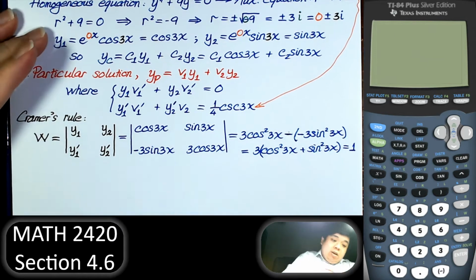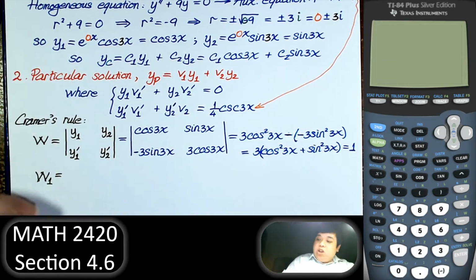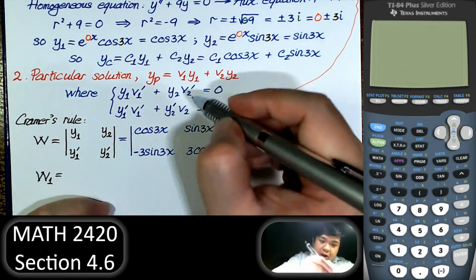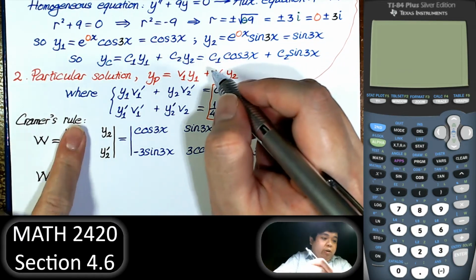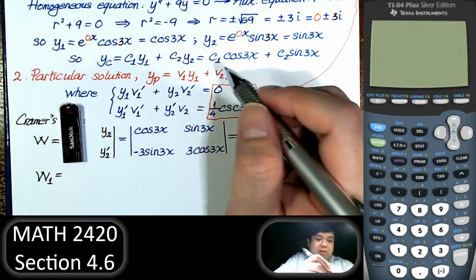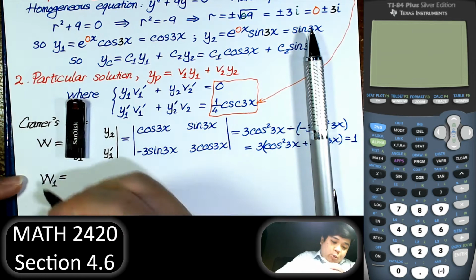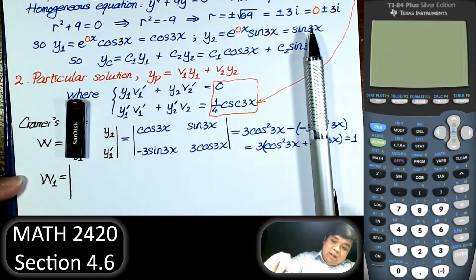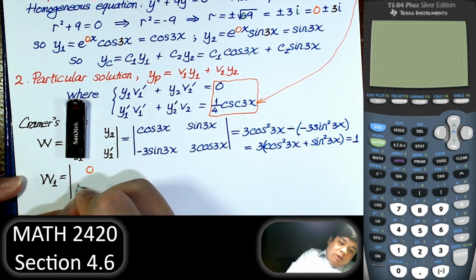Now, W1. I will just replace the last column into the y1 column. So instead of y1 prime, y2 prime, I will put that in here: 0, 1/4 cosecant of 3x.